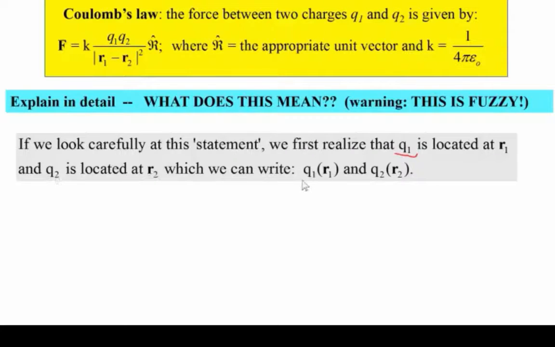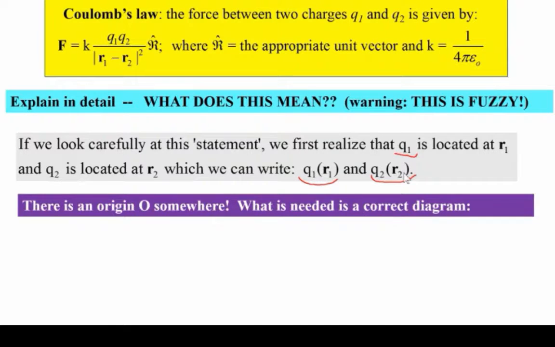So to write that in a way that is clear, we just make Q1 be located at R1, so it's a function of that vector, only in the sense that it points or is located at this location. And the same goes for Q2, where we have R2 in this position.